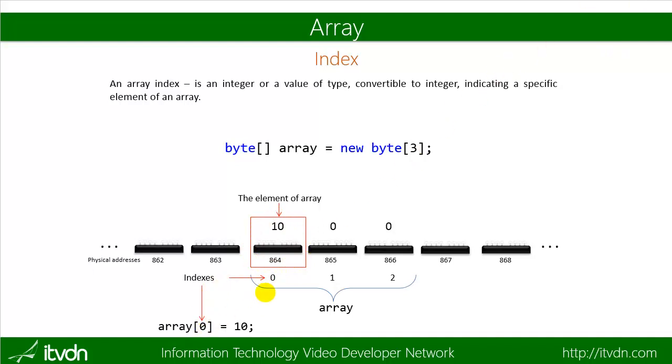So what if I want to assign a value to array with the index 1? So array 1. What do I have to do? I'll follow the same procedure. I'll write array, and in open and close square brackets, I will write 1. Why? Because 1 is the index.